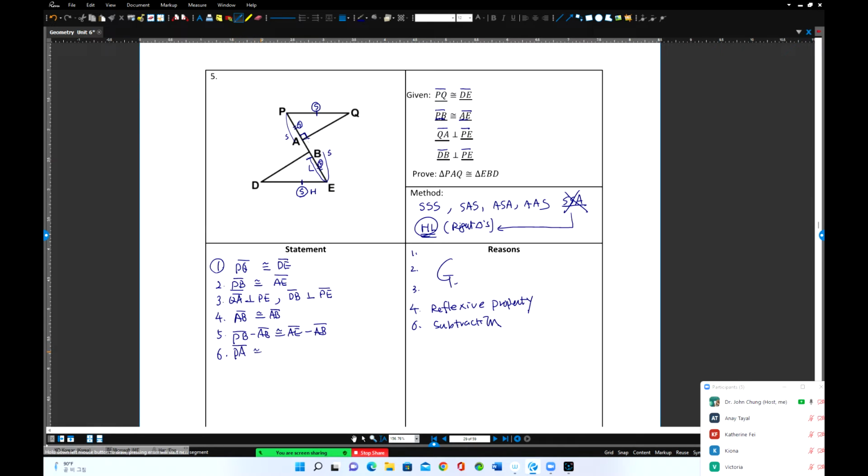Partition. PA is what? PB minus AB, right? Or AE minus AB is how much? AE minus AB is BE, right? You write down BE equals AE minus AB. That's number 5. Partition postulate.